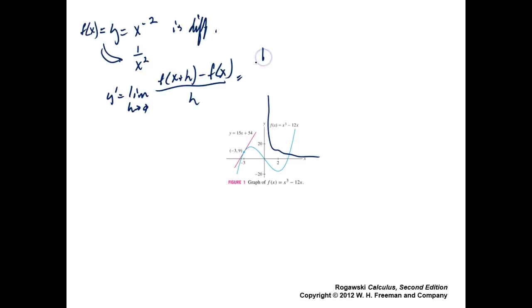1 over x plus h squared, minus 1 over x squared, divided by h, right? I've left off the limit. We're going to go back and put that in a minute. Can we fiddle with that first denominator?